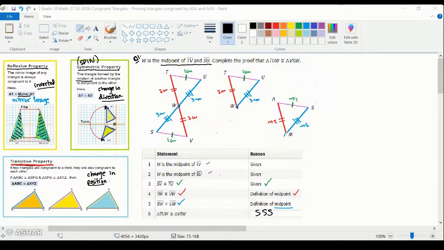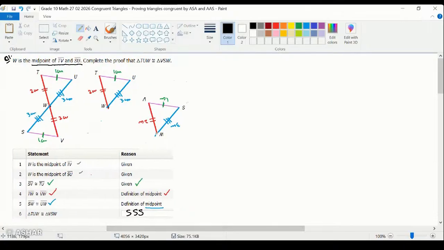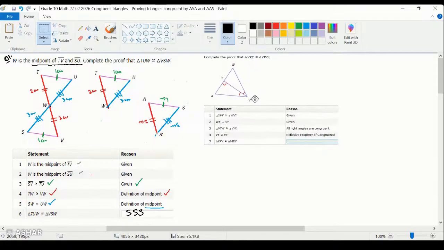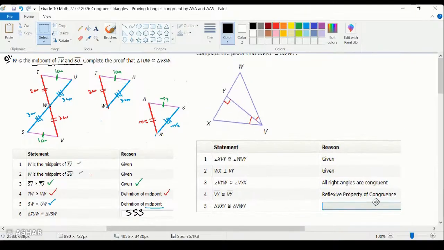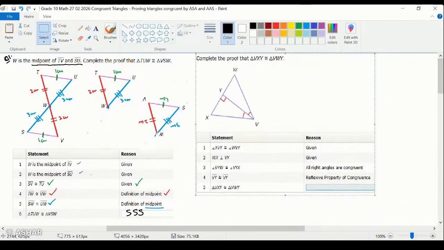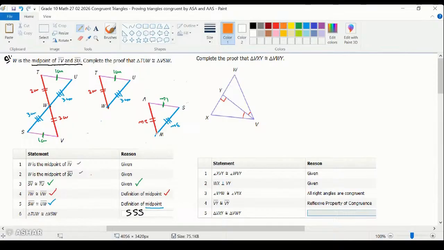Having a look at the next question, it says, complete the proof that these two triangles are congruent to each other. For the next question, this is our question number 2, and it says, complete the proof that these two triangles are congruent to each other.